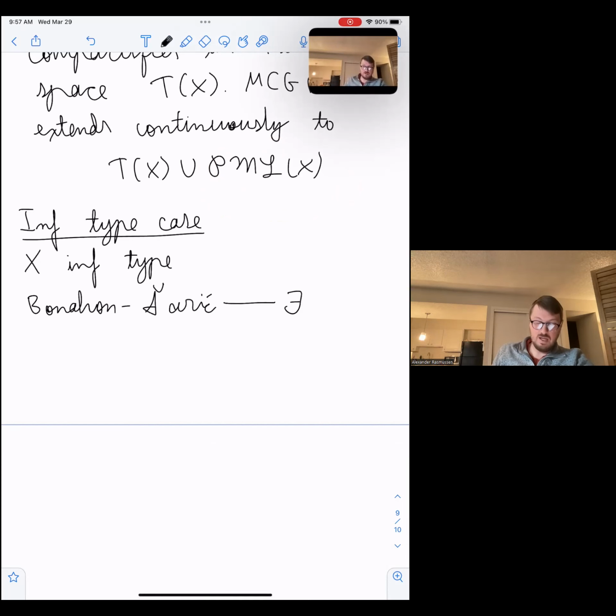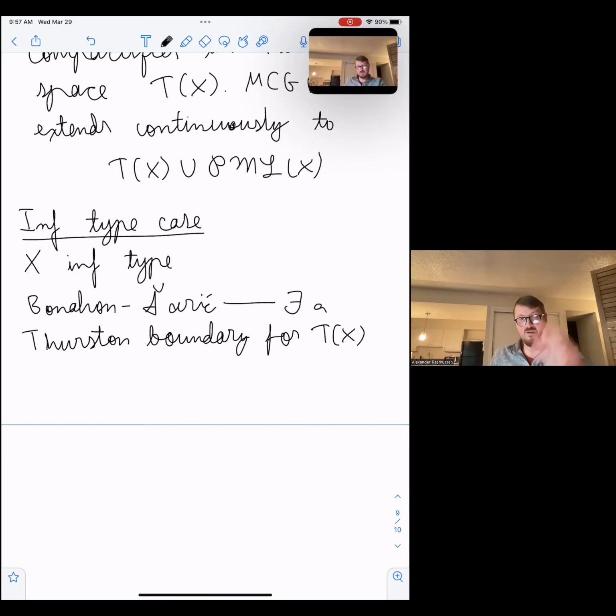So Bonahon and Šarić say that there exists a Thurston boundary for the Teichmuller space of X. So this is some kind of bordification of the Teichmuller space, which a natural quasi-conformal mapping class group extends continuously to.